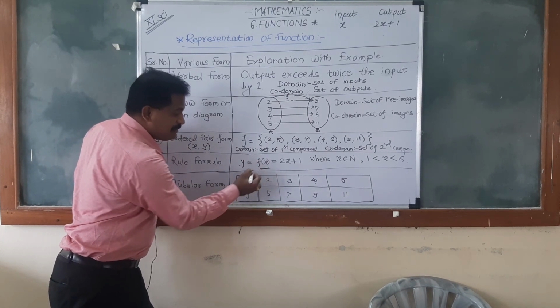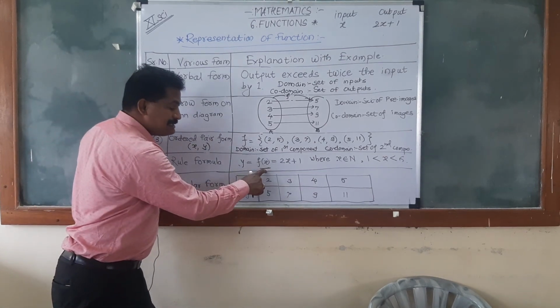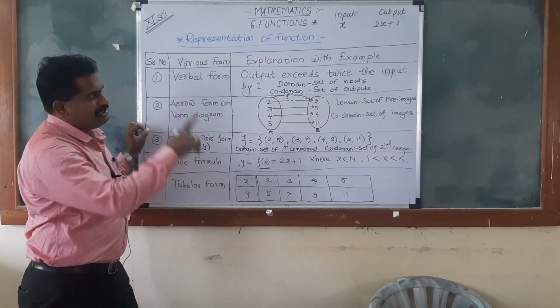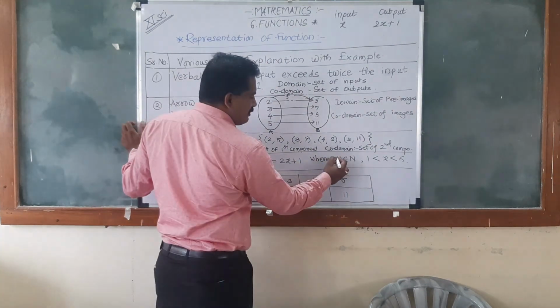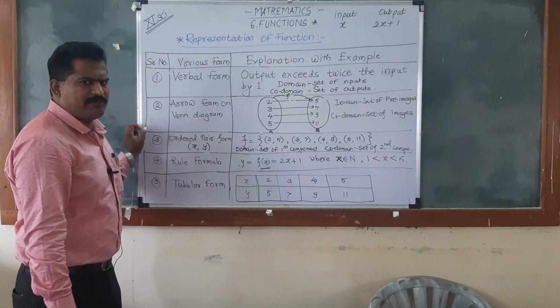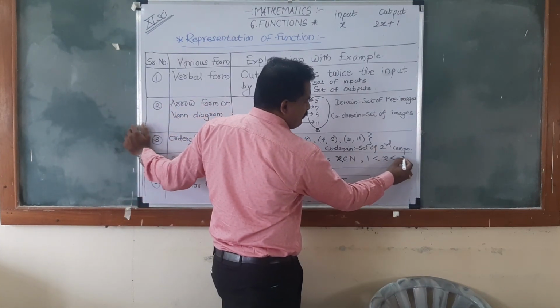This f of x is a function which gives the second component, which is 2x plus 1, where x belongs to N, a natural number lying between 1 and 6.